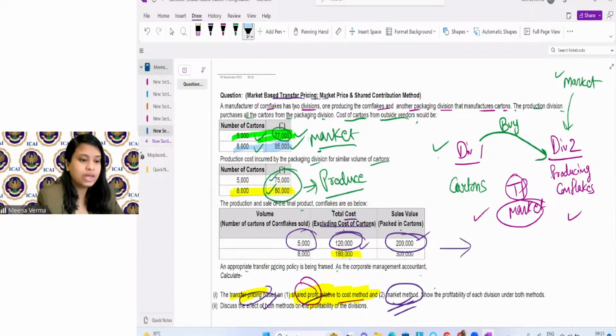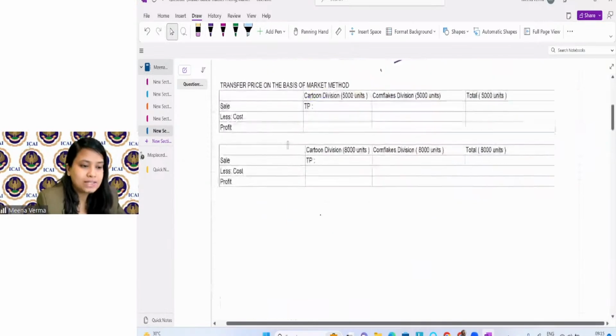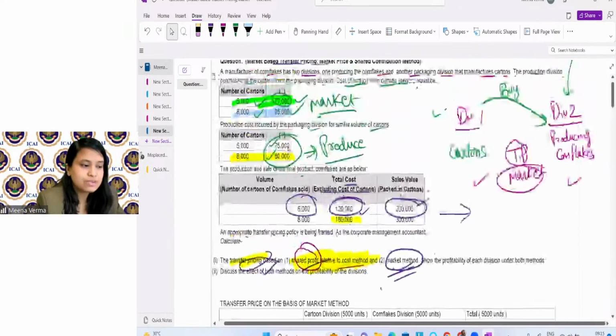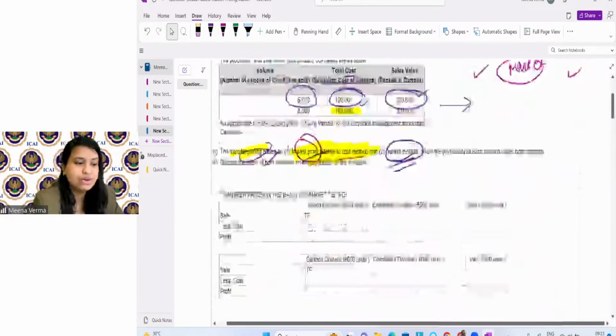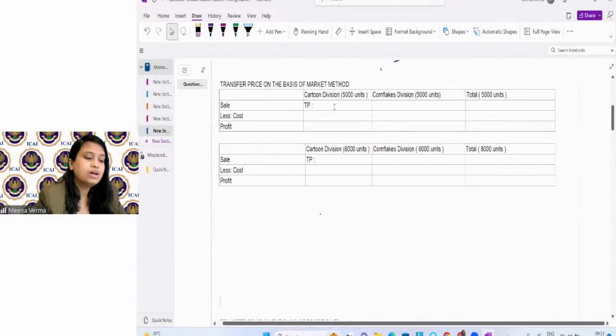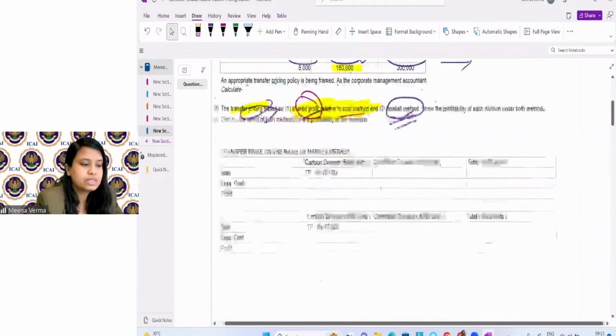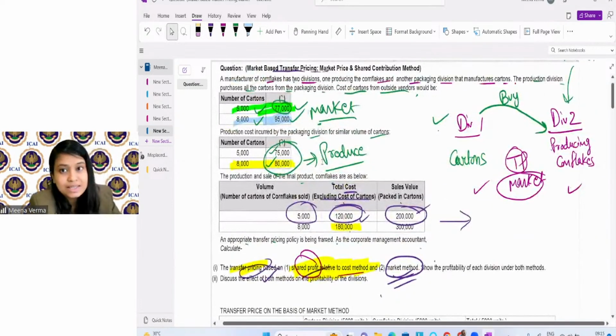So I am taking 77,000 for 5,000 units and 95,000 for 8,000 units, right? 77,000 here is my transfer pricing, and here my transfer pricing will be 95,000.